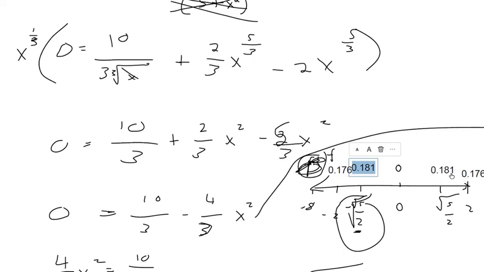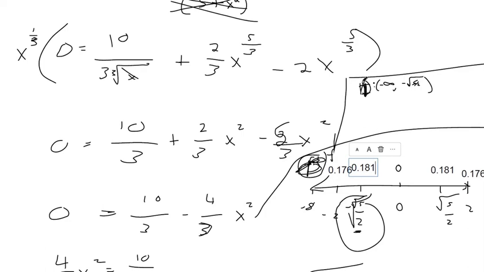So it's decreasing from negative infinity to our first critical point. It's all inside the square root. Oh wait, sorry, that's increasing. It's increasing because it's going up, right? It went up from 0.176 to 0.181 once we hit our critical point.